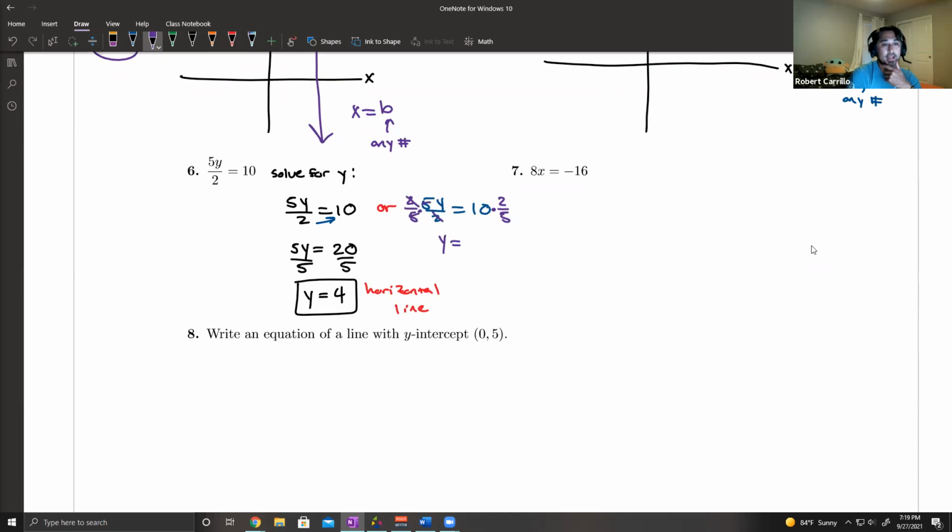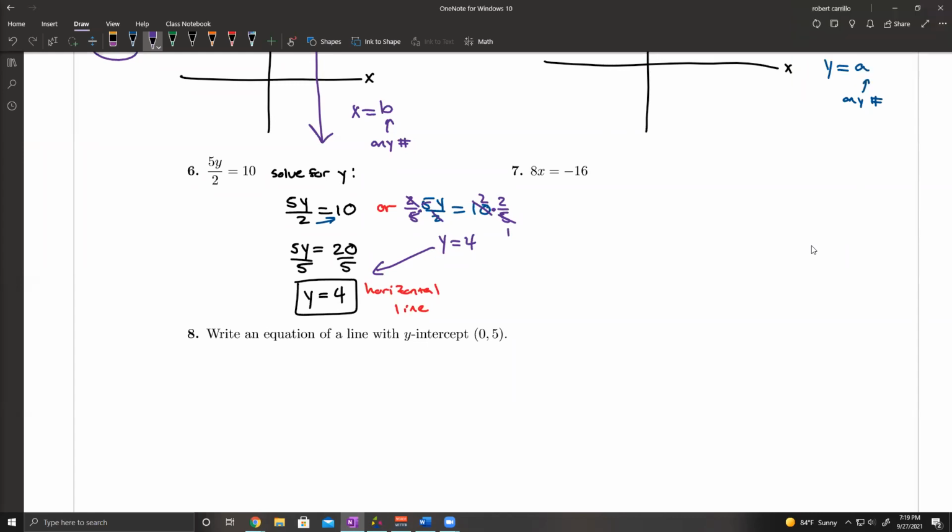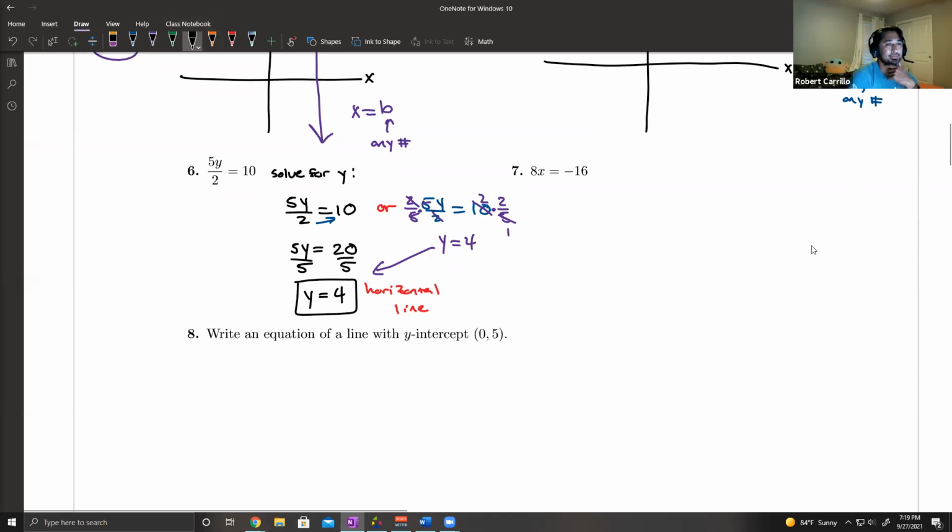You get left with y equals, and 10 times 2 is 20. 20 divided by 5 is still 4. Or take a 5 out, that's 1. Take a 5 out, that's 2. 2 times 2 is still 4. However you want to go about it. I did it that way at first, and I was like, maybe I did it wrong, so I just left it. And you got it right. See, look at that. Okay, awesome.